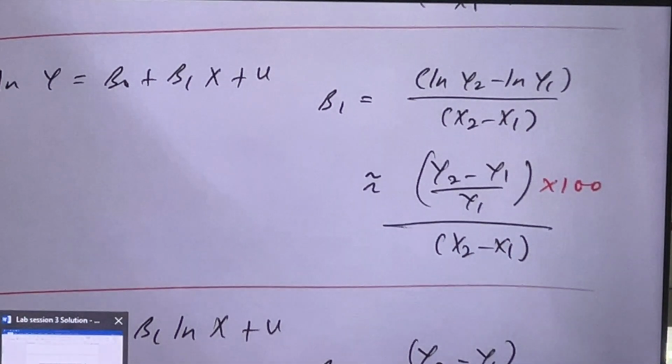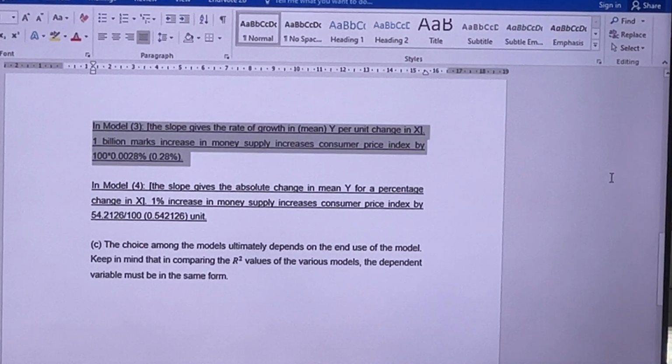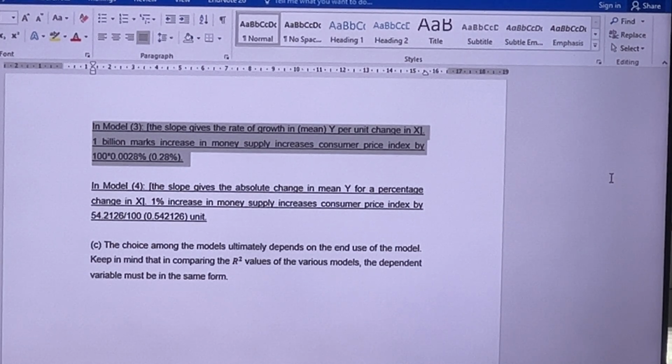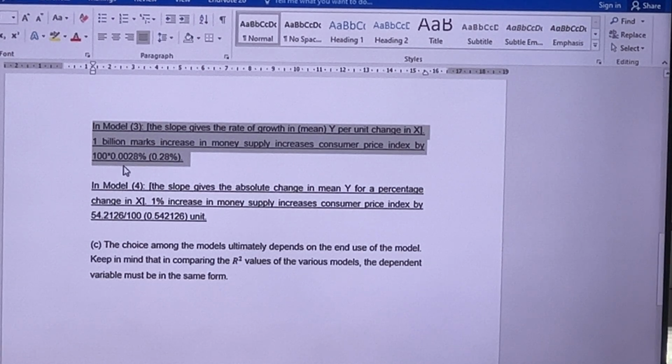So for the given example 3, the slope is the rate of growth of Y per unit change in X. So in terms of interpretation, we say that 1 billion marks increase in money supply, so 1 unit change because X is given in billion of marks, increases consumer price index by the estimated value 0.0028 times 100.